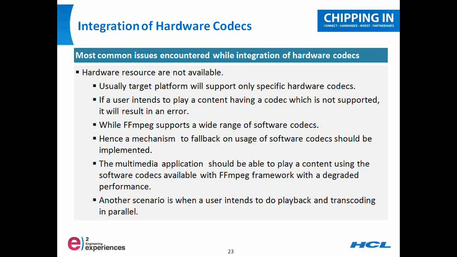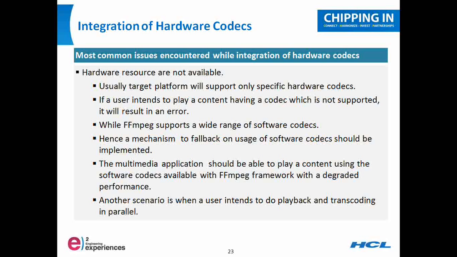So there has to be a certain kind of mechanism implemented in FFmpeg, where FFmpeg checks whether that particular hardware codec is available or not. In case that particular hardware codec is not available, then there should be a provision of software fallback, as most of the software codecs are supported by FFmpeg.